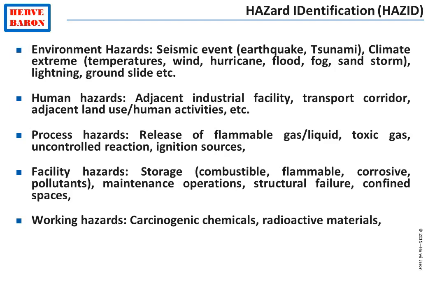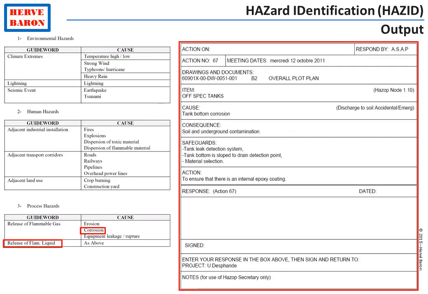If any of these hazards are identified as a potential threat for the particular facility, a hazard action sheet is issued to the engineer. The hazard action sheet identifies the hazard and requests an answer from the engineer that this hazard has been taken into account. It could also provide a more specific recommendation.